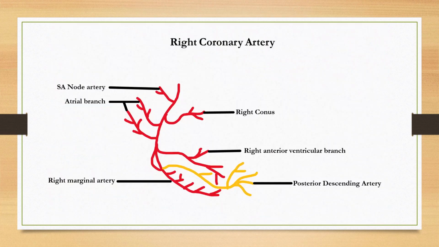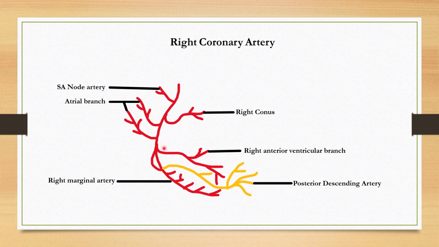In the previous slide, we saw a picture that is totally confusing. So I just drew this one for better understanding. This is the right coronary artery and the first branch is the SA node artery. Below that you can see the atrial branches. Just opposite to that is the right conus.